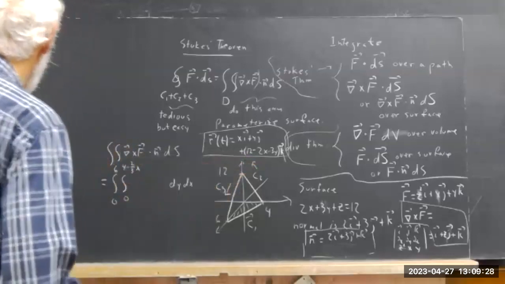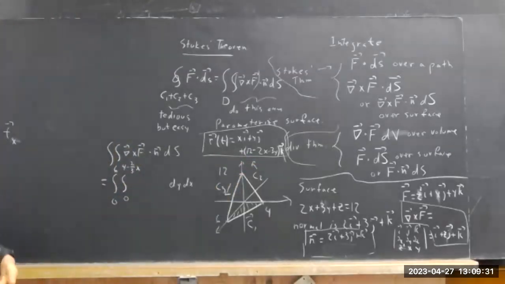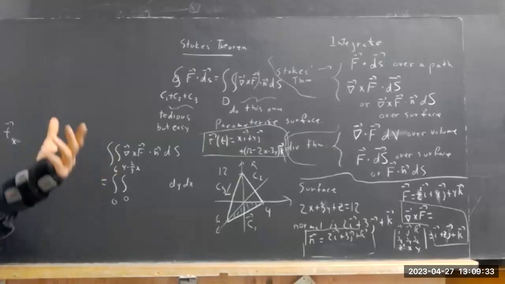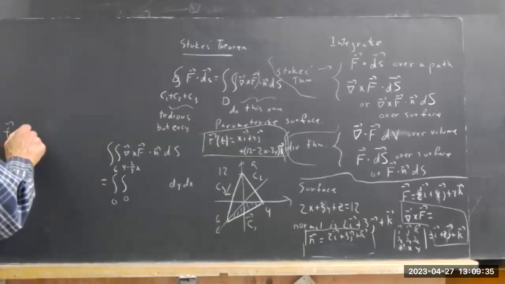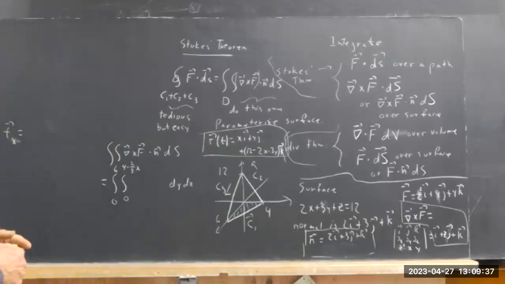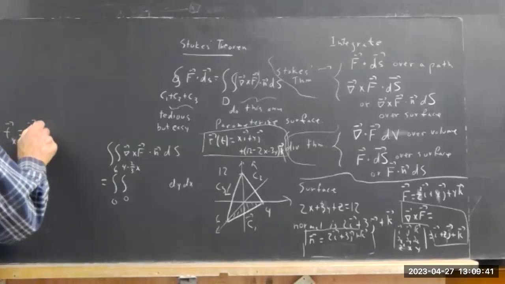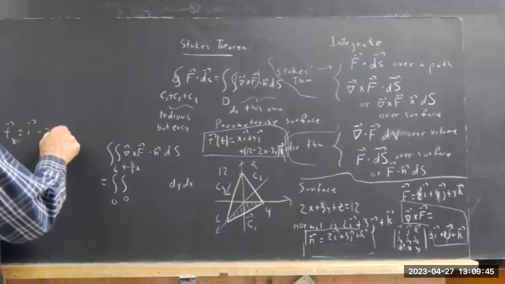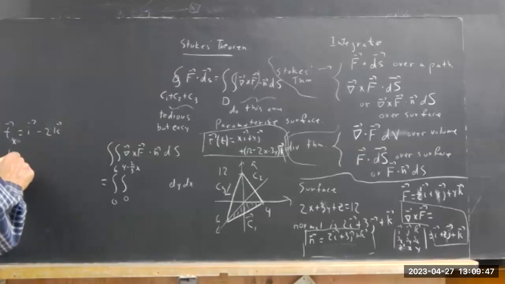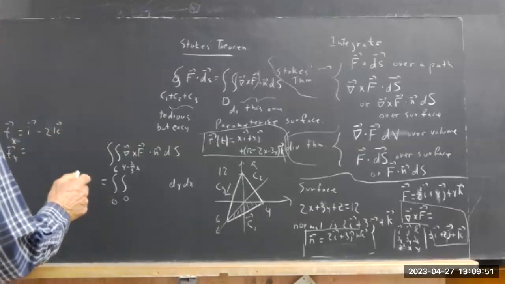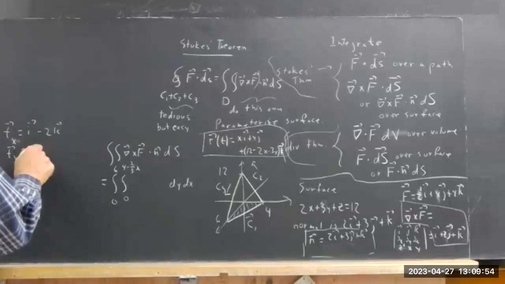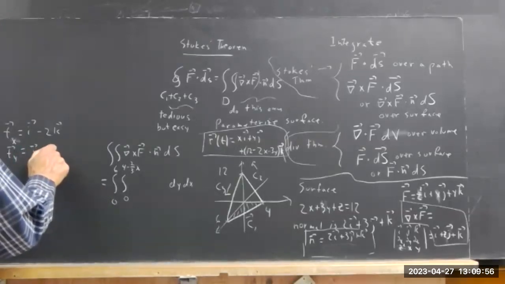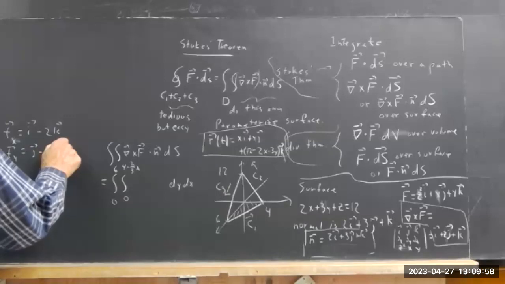But unit tangent Tx, and I actually calculated it with u and v. If you review what we did last time, it's familiar to you. Okay, Tx is just i minus 2k. Ty equals j minus 3k.